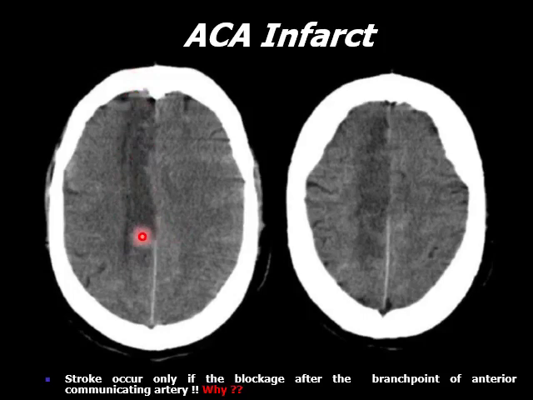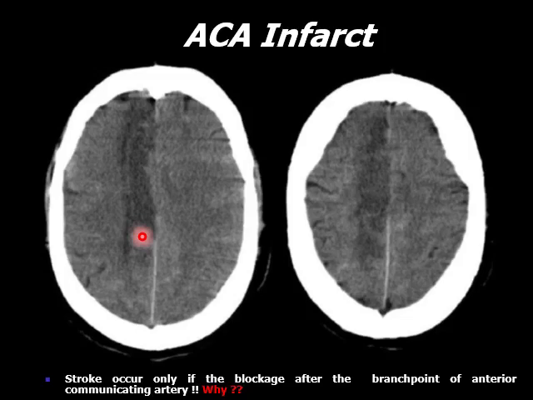The stroke occurs only if the blockage is after the branch point of the anterior communicating artery. Why? If the blockage came just proximal to the communicating artery, the communicating artery will give an alternative pathway for the blood to supply both anterior cerebral arteries.